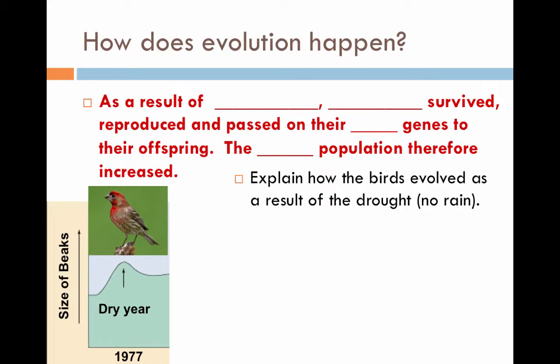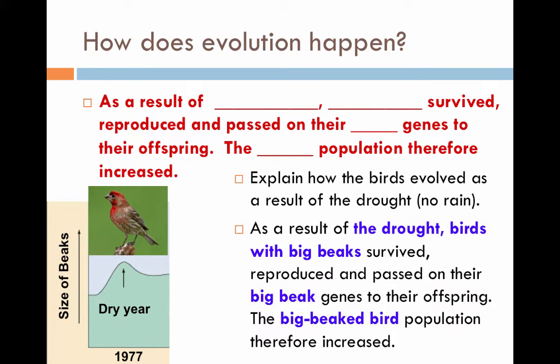Birds with big beaks. What genes did they pass on? The big beak genes. What population increased? The big beaked birds. And then put it all together. As a result of the drought, birds with big beaks survived, reproduced, and passed on their big beak genes to their offspring. The big beak birds population therefore increased.